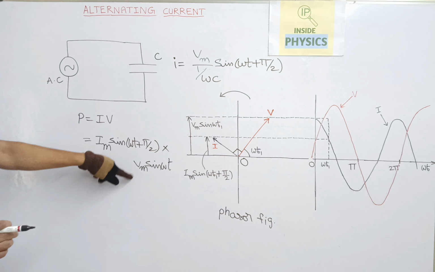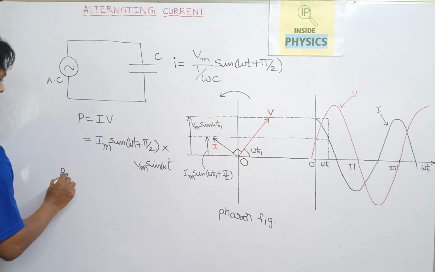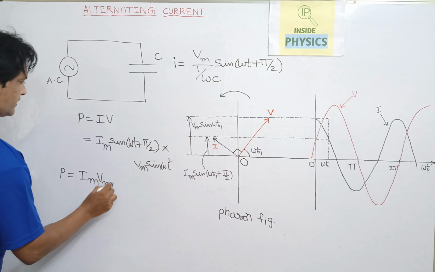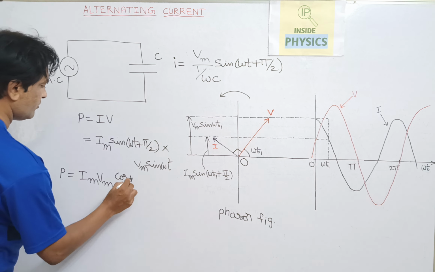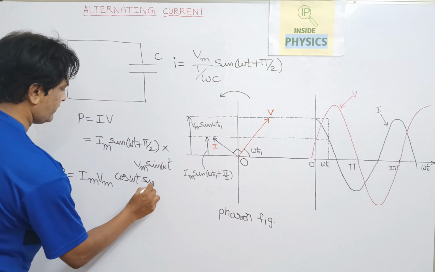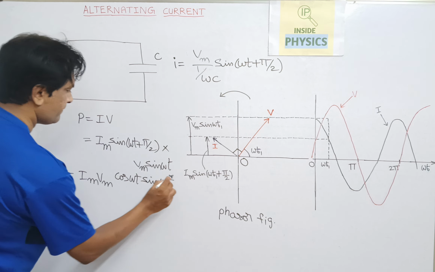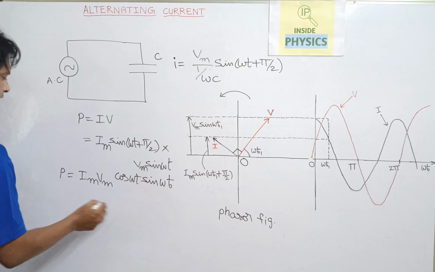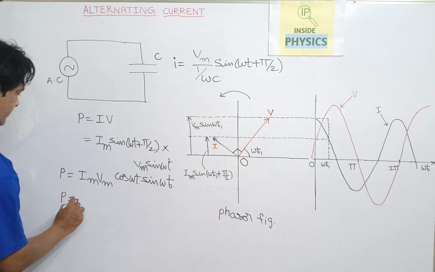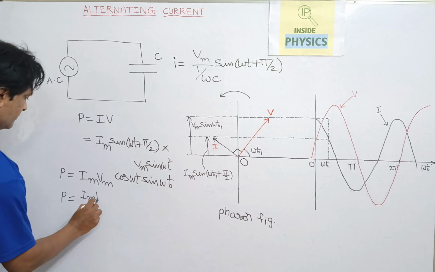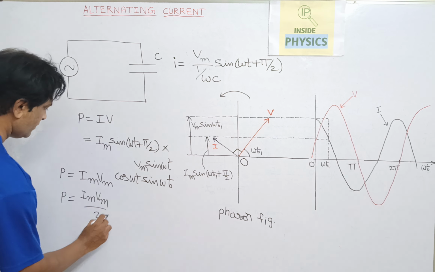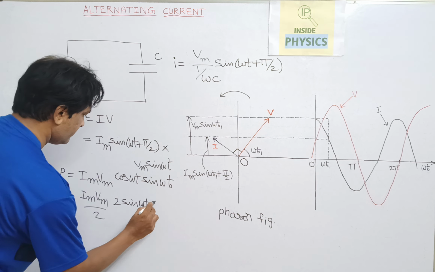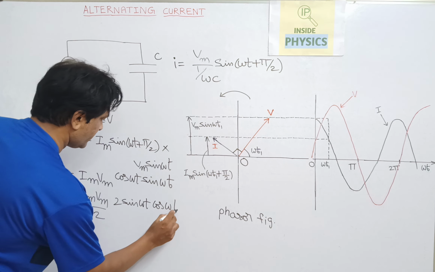So P equals I into V, which is Im Vm times cos omega t into sin omega t. When I multiply the numerator and denominator by 2, the power becomes Im Vm by 2 into 2 sin omega t cos omega t.